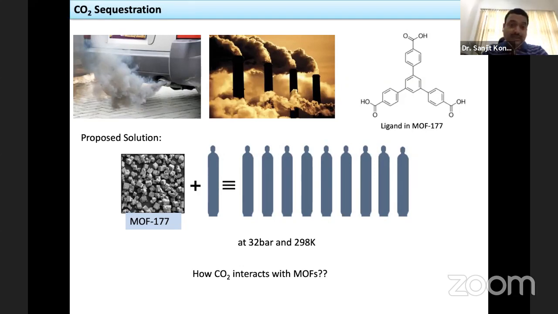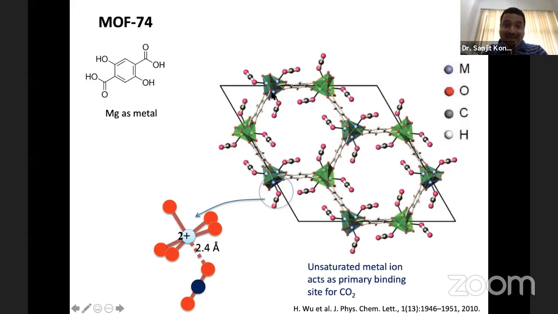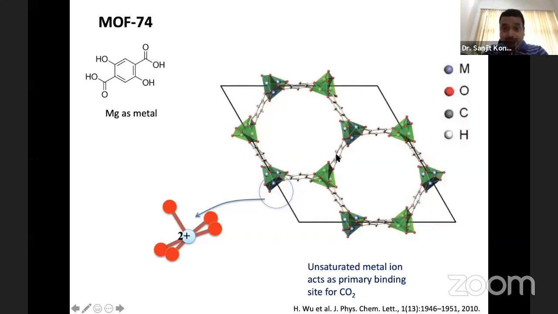Not only that, what they have done, they have studied not with exactly the same MOF, but with a different MOF, that this carbon dioxide is actually getting attached to the metal center inside the pore. This is our pore here. These are the zinc center. These are connected with, no, sorry, this is magnesium, not zinc. These magnesiums are connected with this dicarboxylate, and there are some coordination sites available for the magnesium.